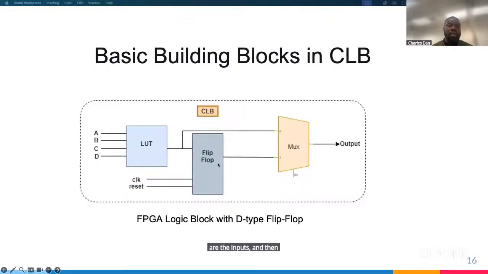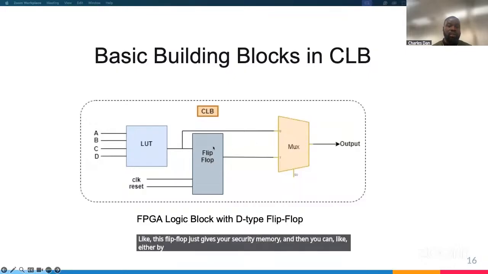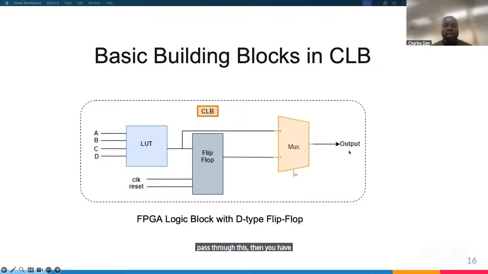Then this flip-flop just gives your circuit a memory, and you can either bypass the flip-flop or pass through it. Then you have your output. So this is pure logic, which we normally implement in an FPGA fabric.